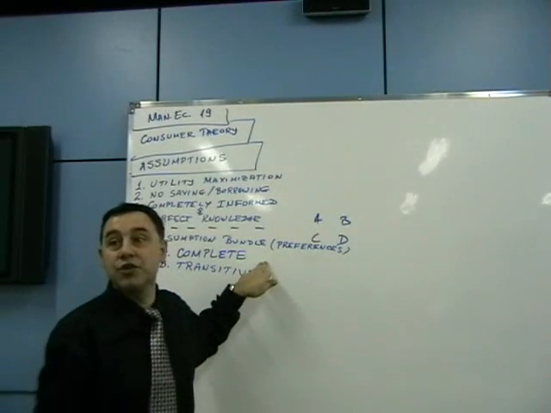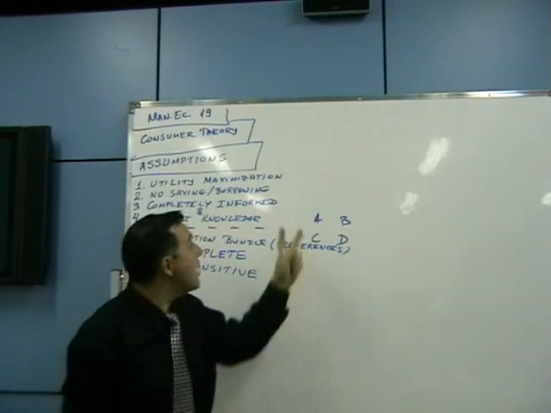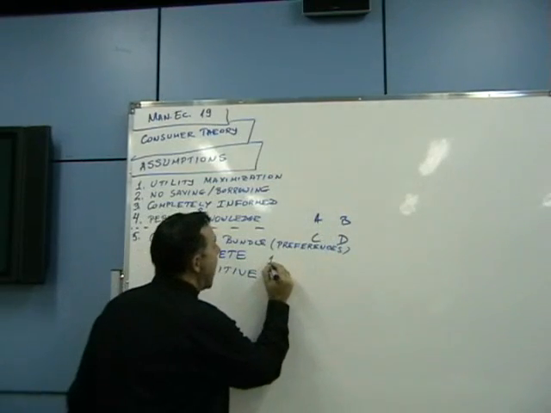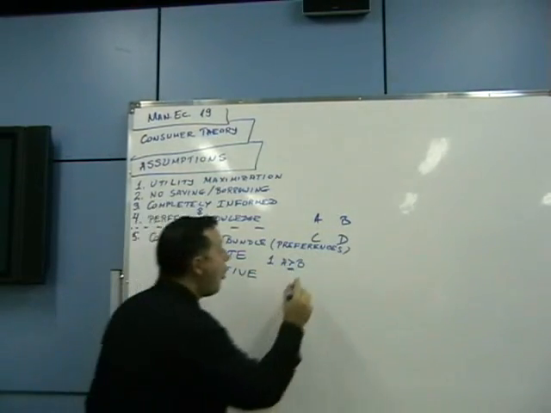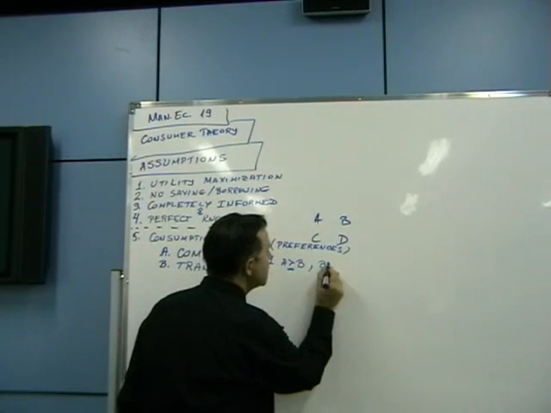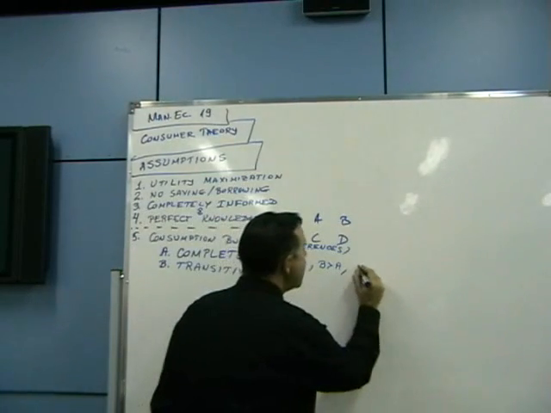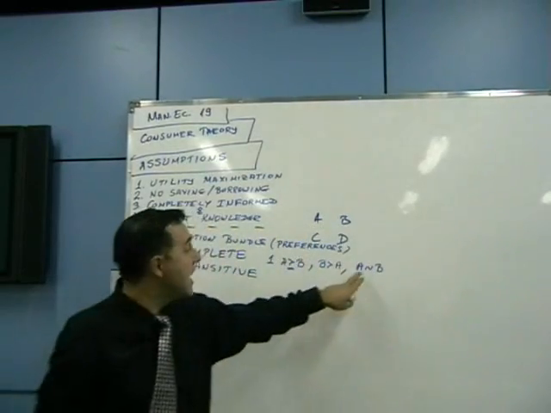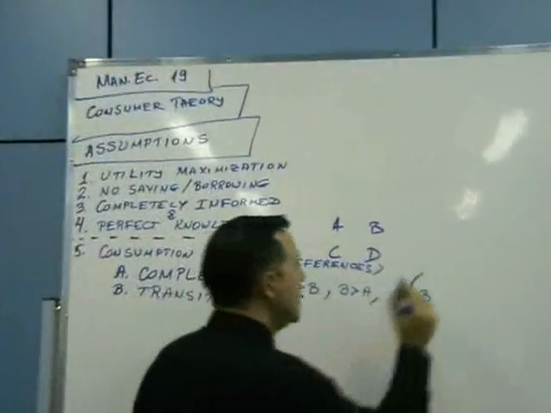Now let me get back to provide you the technical definition of complete. When you have any two, A and B, it is either that A is preferred to B, this is a sign for preference, or that B is preferred to A, or that neither is preferred to the other, which means that we call this sign indifference.